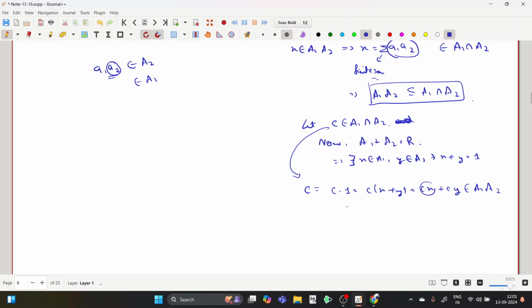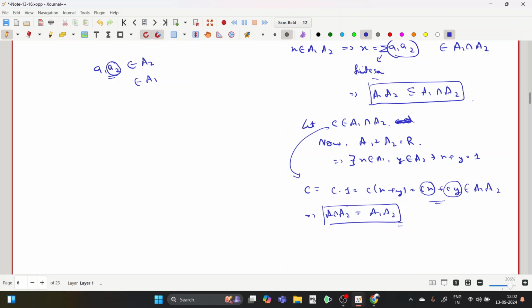So I have a product of elements each individually coming from A1 and A2, and I am having a sum of two such elements, hence a finite sum. Therefore this is evidently an element of A1 A2. Therefore A1 intersection A2 must equal A1 A2.